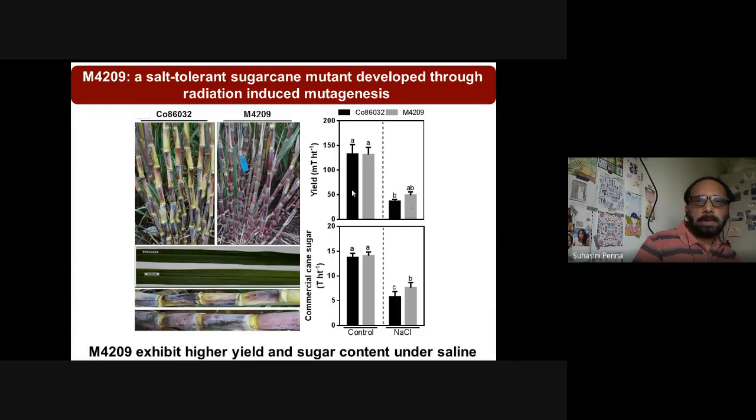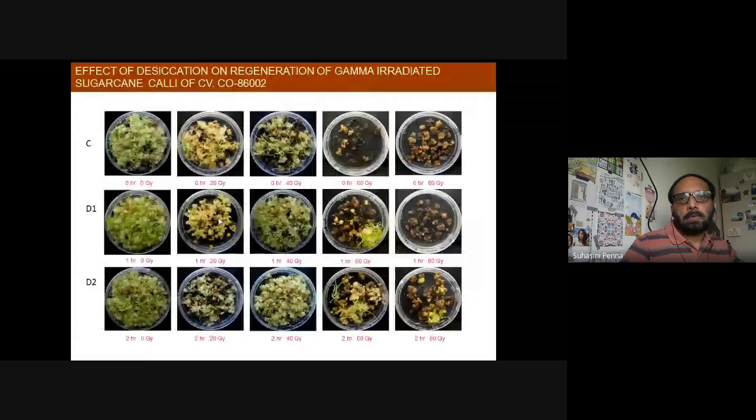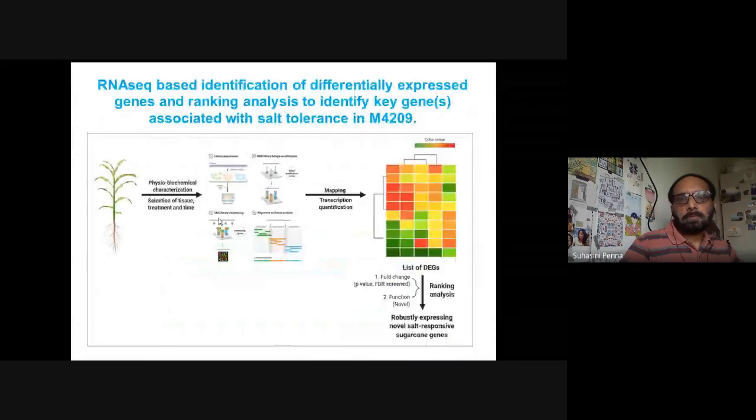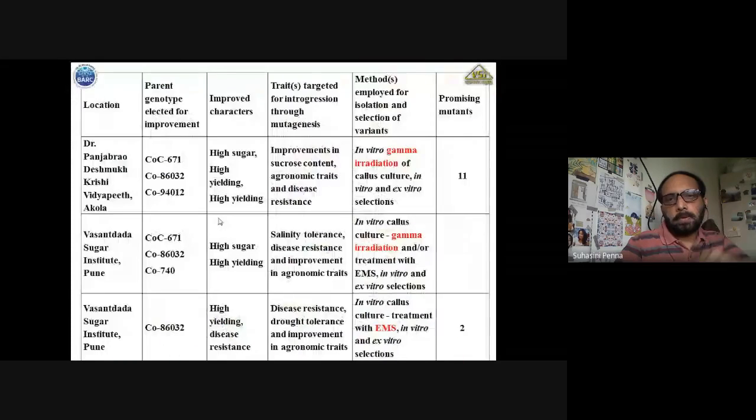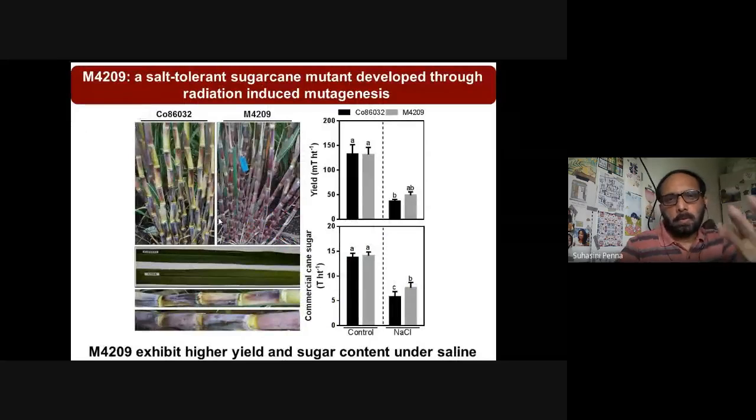So interestingly, these mutants performed very well at the field level, under control, as well as under saline field level, as well as under laboratory conditions. Why we have grown under laboratory condition, maybe I'll explain to you a little later, but this is just to give you one of the salt tolerant sugarcane mutants which we have developed and which is under evaluation right now.